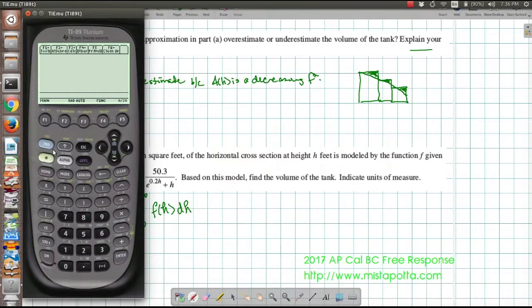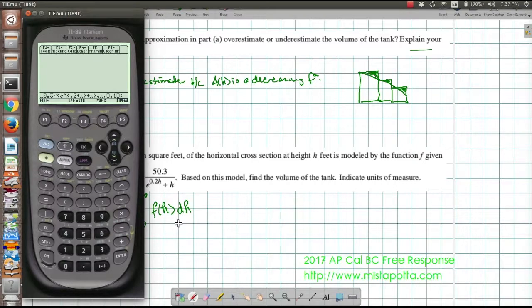We're going to integrate 50.3 divided by our denominator of e to the 0.2 times h plus h, and I'm going to integrate that with respect to h from 0 to 10.